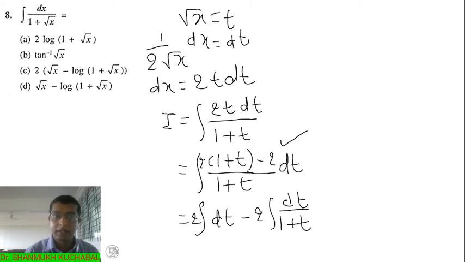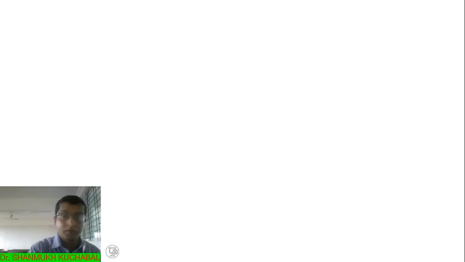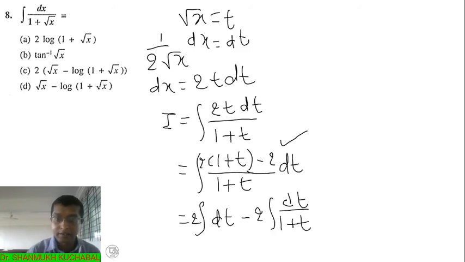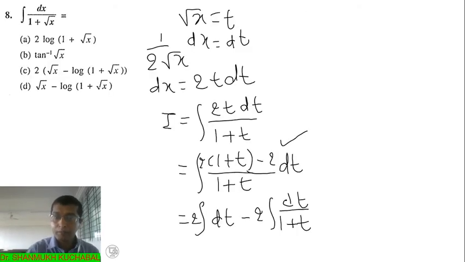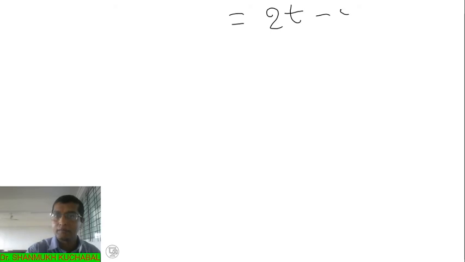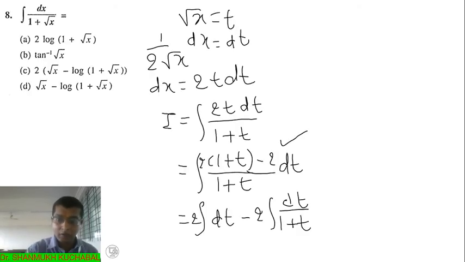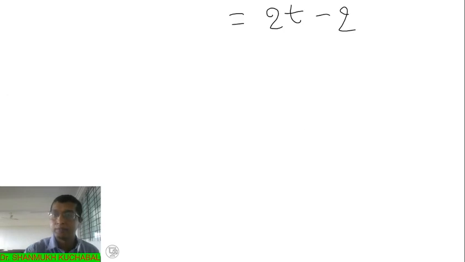So now we need to integrate this. We get the integration of 2 into dt as 2t. Further minus 2 I keep as it is, and further 1 divided by 1 plus t is a simple function, it is log of 1 plus t.